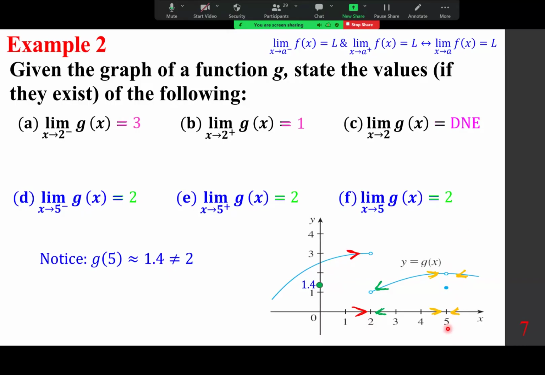The function is also discontinuous at 5 because the functional value is different. And what makes it even worse at 2 is that g of 2 is not even known, we don't have a solid point. So g of 2 is undefined. It's not given to us.